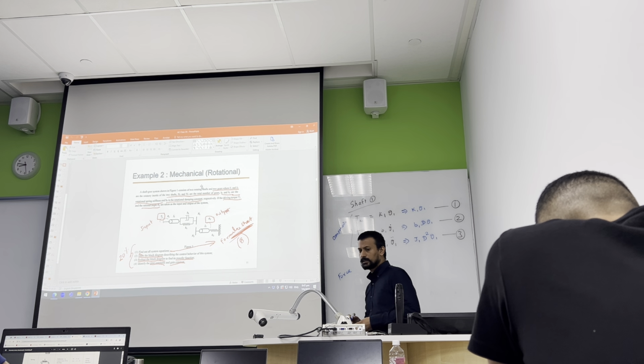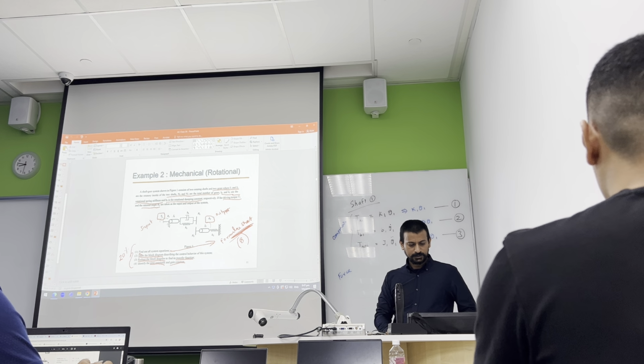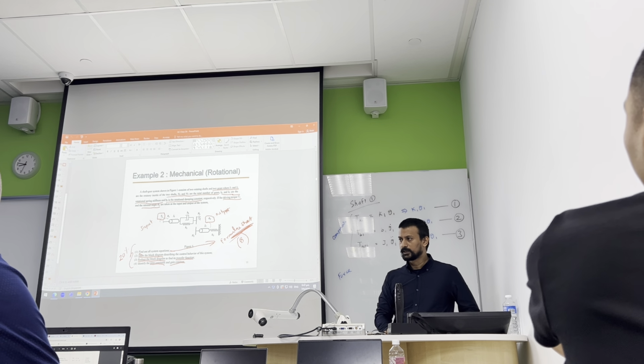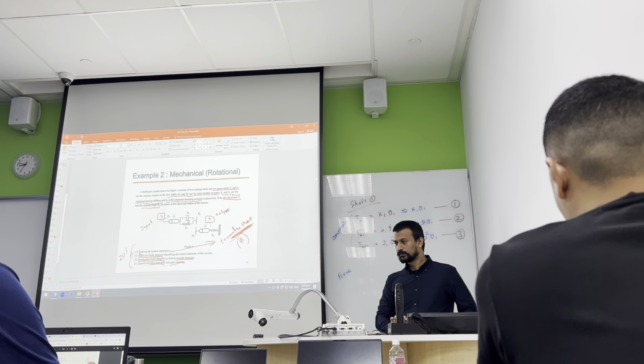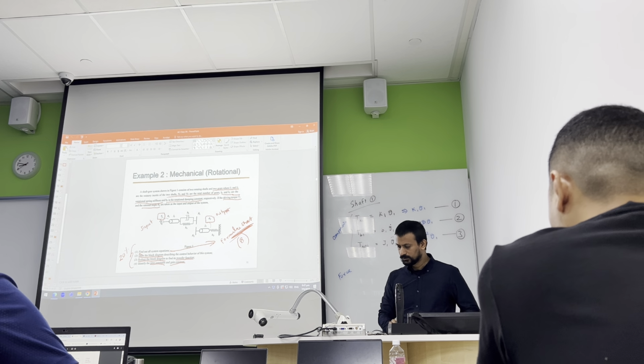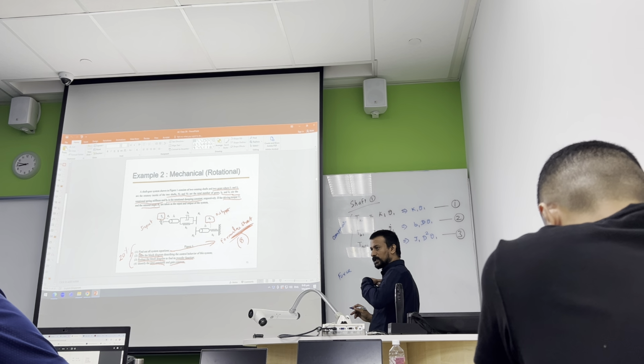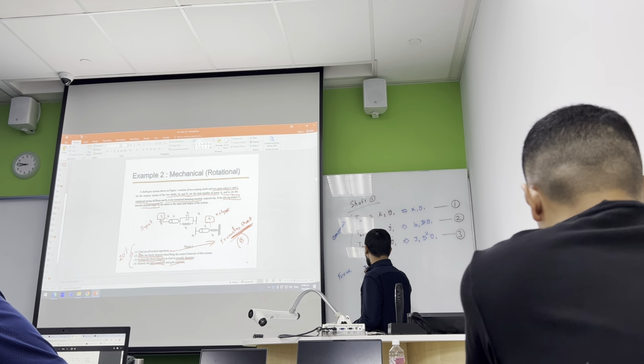We start from here. I apply torque 1 to all the components up to N1. So all the forces, you start from T1. Because torque 1 is the one I am applying manually, that is the equilibrium, right?